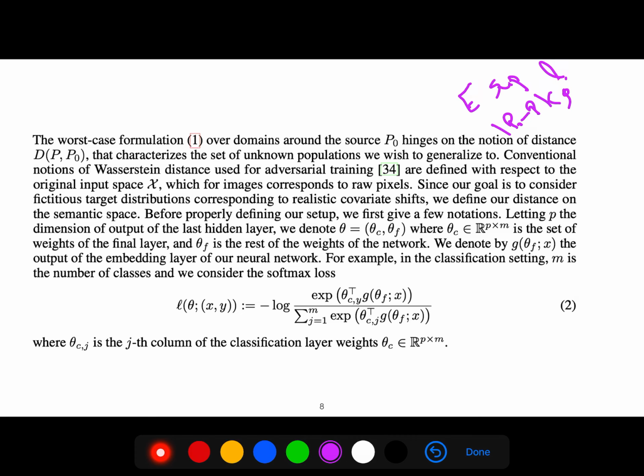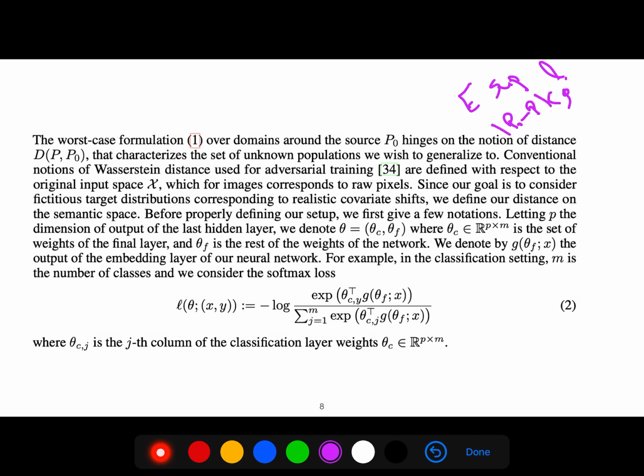Conventional notions of Wasserstein distance used for adversarial training are defined with respect to the original input space, which for images corresponds to raw pixels. Since our goal is to consider fictitious target distributions corresponding to realistic covariate shifts, we define our distance on the semantic space.